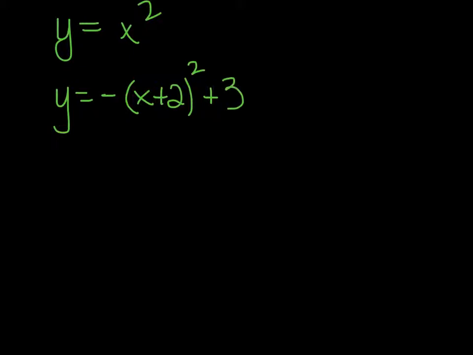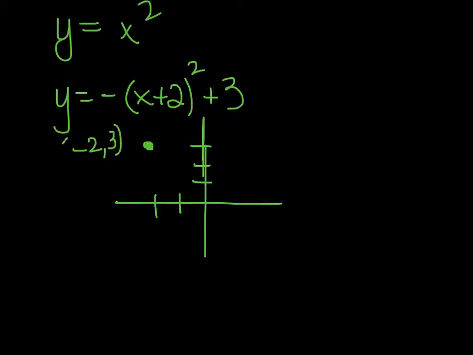Look at the number inside of the parentheses, which is a 2, so remember that's actually a horizontal shift to the left 2. But the number outside the parentheses is a 3, which means we're going to have a vertical shift up 3. So your turning point is going to be right here at negative 2, comma 3.